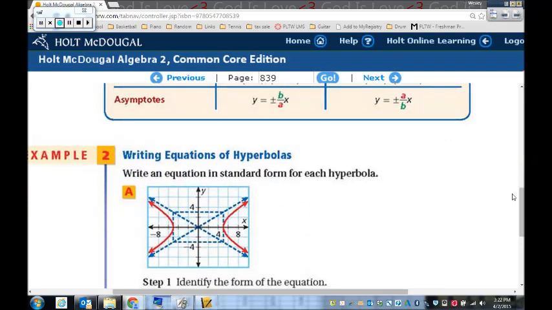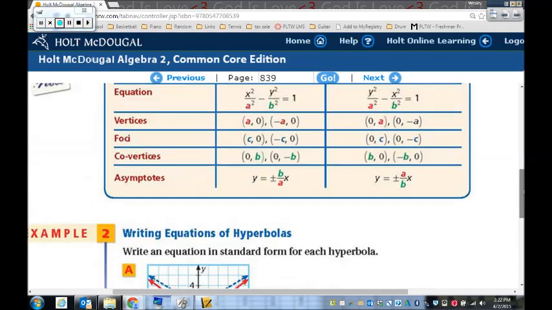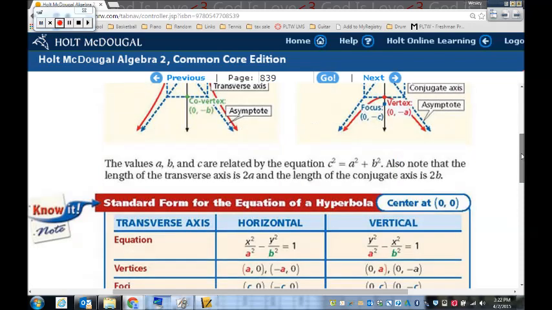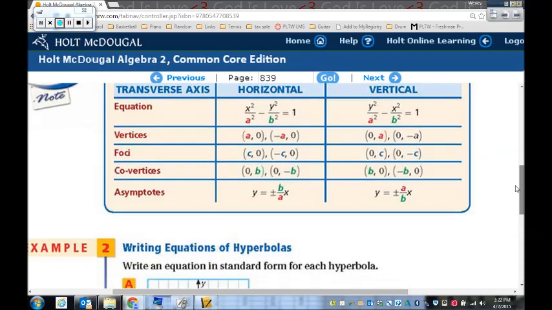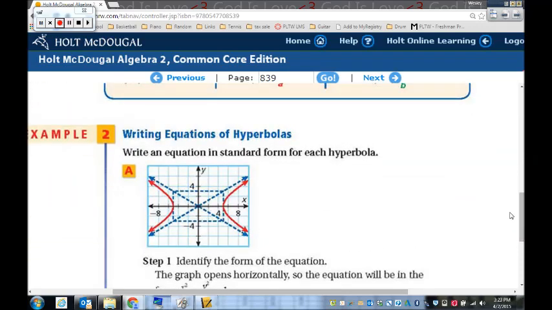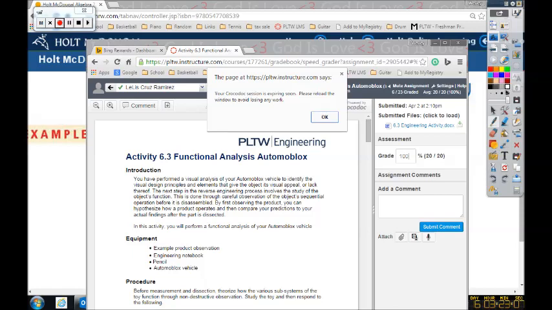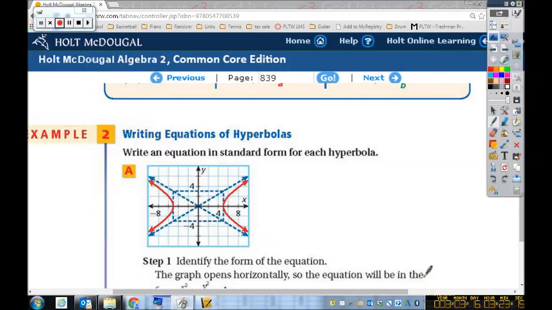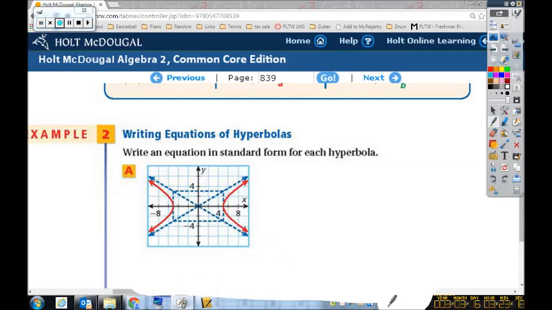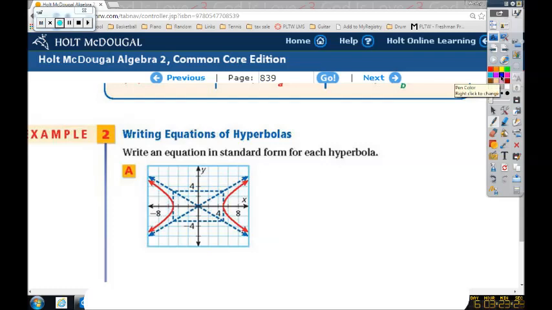It says, all right, write an equation in standard form for each hyperbola. Well, I'm looking at this and I see, okay, well, if I go back to my graphs, I see it's a horizontal one. So horizontal is x squared over a squared minus y squared over b squared equals 1. So okay, so we have our equation standard form.